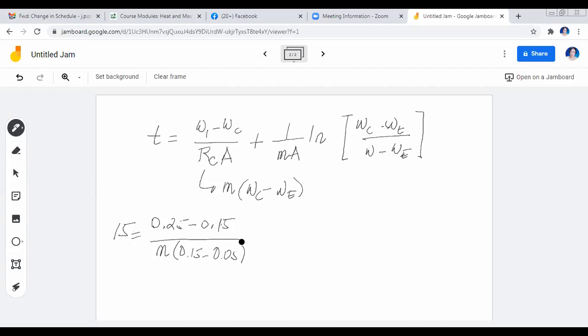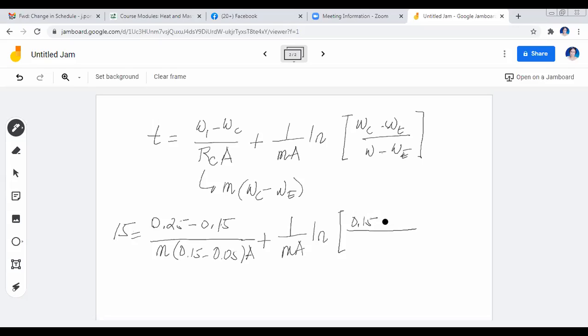Now, I still do not know the A, so we'll place the A here. And we'll have plus 1 over, I do not know M, I do not know A as well. So ln of, then I will need to substitute everything that I know here. So this is 0.15 again for the critical moisture content.